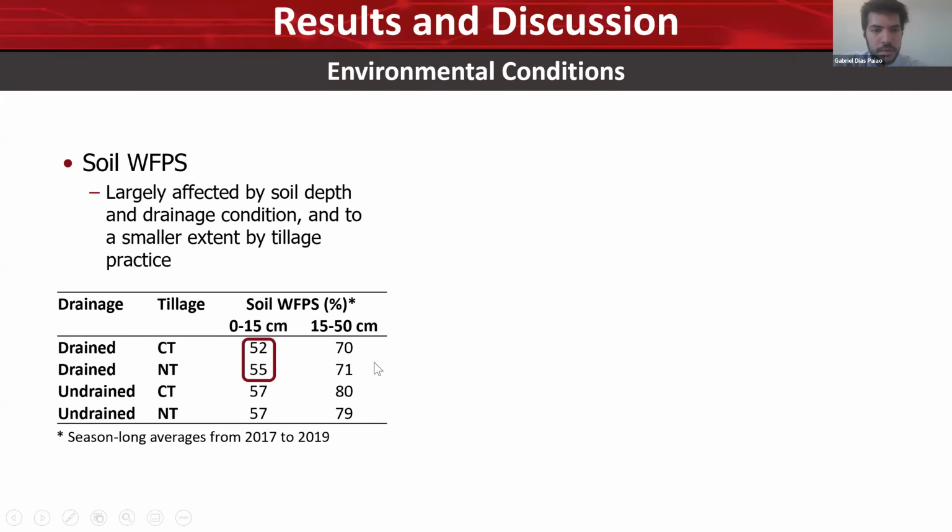They were also more affected by drainage condition, as these values on the bottom for undrained tended to be greater than the values for drained. And to a smaller extent by tillage practice. As we can see, just for drained condition and at the top 0 to 15 centimeters, there was a difference related to tillage practice, with no tillage having a greater soil water-filled pore space value.